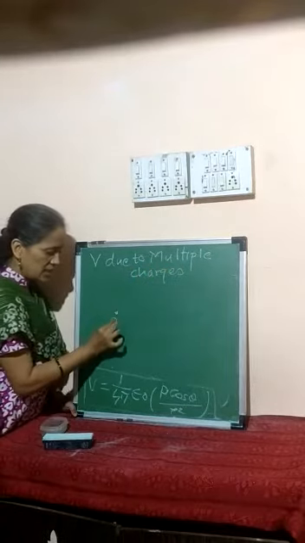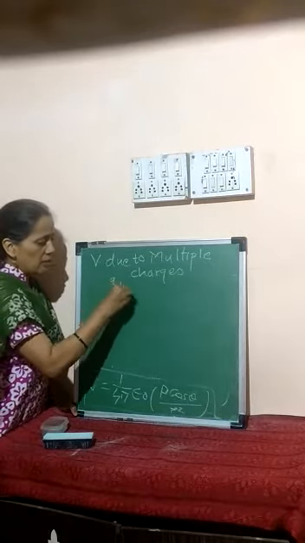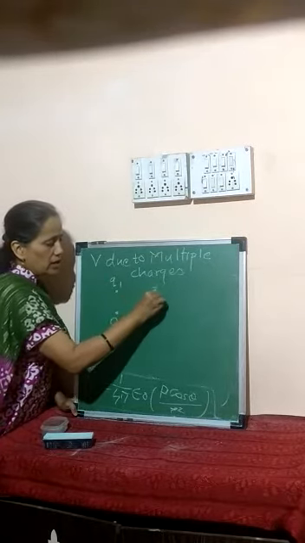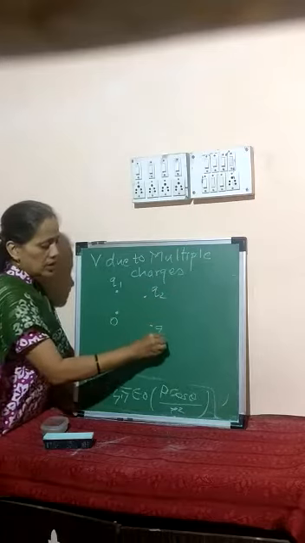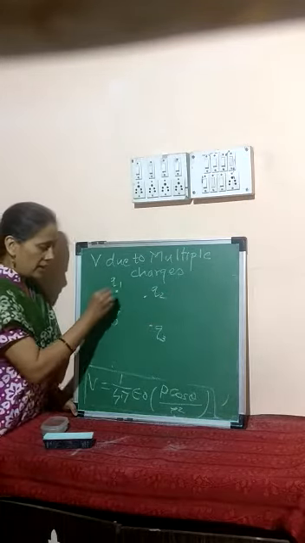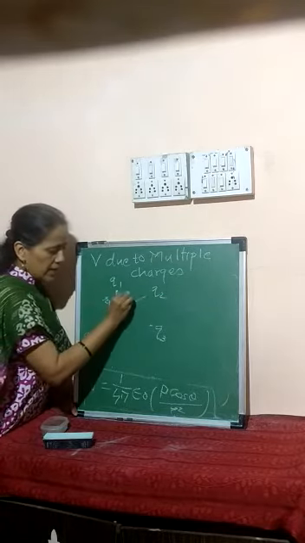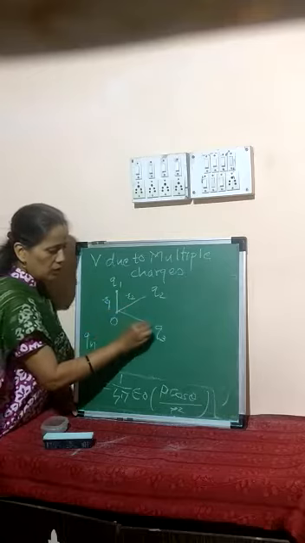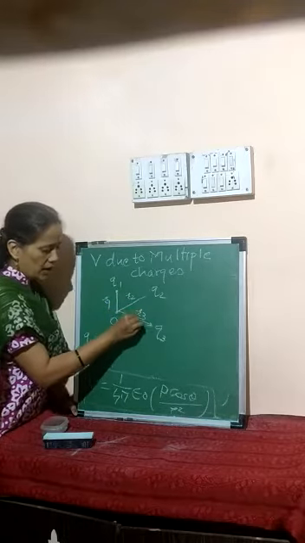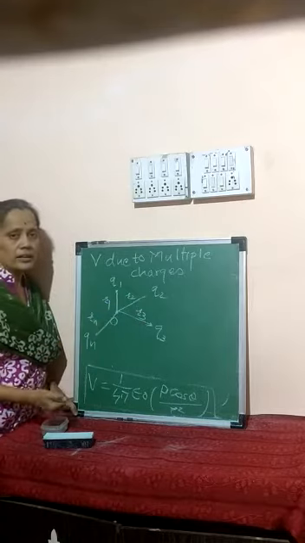So let's consider here is your point P, and this point will be surrounded by a number of charges Q1, Q2, Q3 up till Qn. This Q1 charge will be at a distance of R1, Q2 charge at a distance of R2, Q3 charge at a distance of R3, and Qn charge at a distance of Rn.